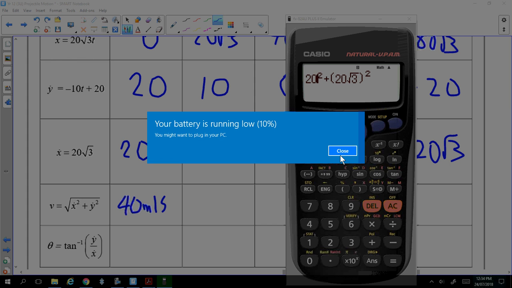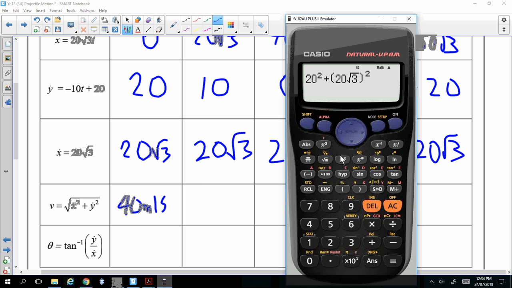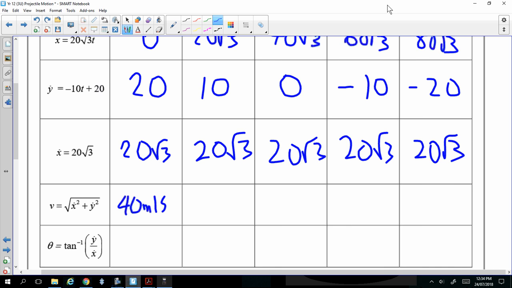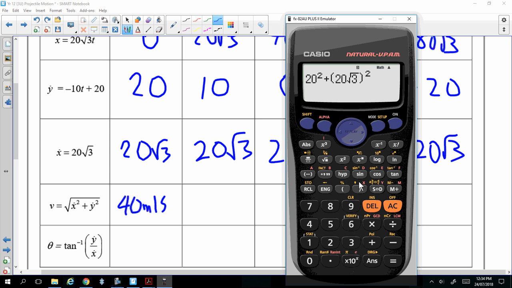Okay, all right, so what's the next one? Next one will be a decimal. You square the 10 and add, and then just square root the answer. You get 36. And then the next one, y dot becomes 0.